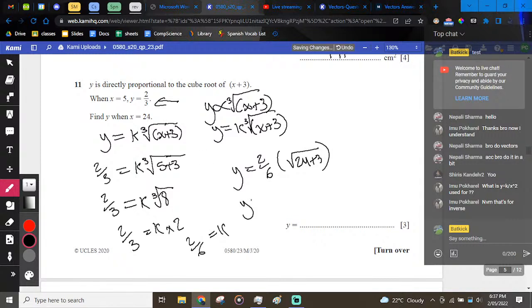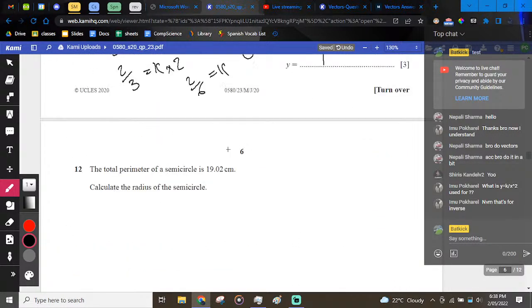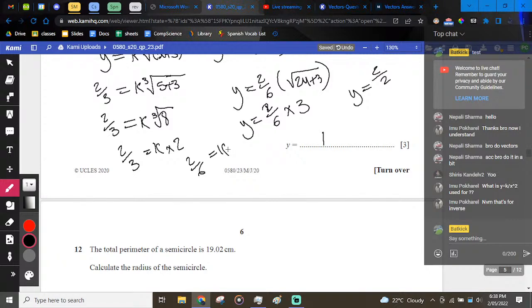Therefore, y is equal to 2 over 6 times the cube root of 27. Cube root of 27 is 3. So y is equal to 2 over 2, which is 1. Y is equal to 1. Makes sense, I hope.